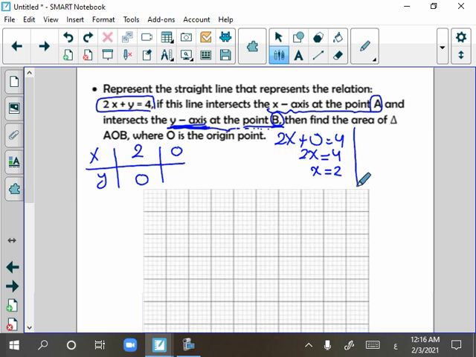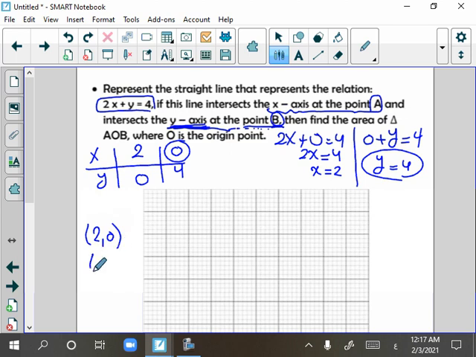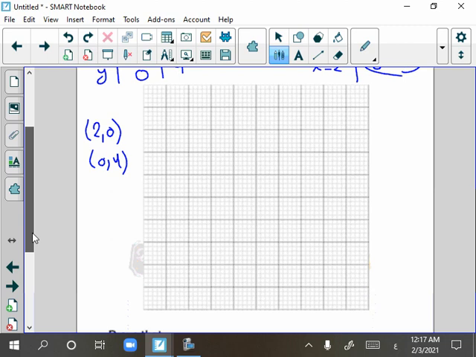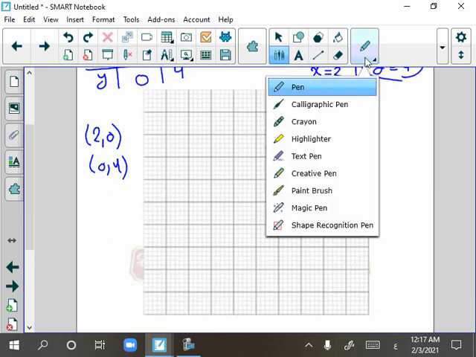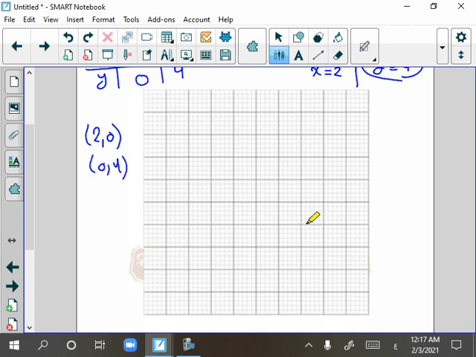And when x equals 0, then it will be 0 plus y equals 4, then y equals 4. Okay, we have two ordered pairs here, 2 and 0, and 0 and 4. Okay, we will represent it on the graph paper. Firstly, we will draw our two axes.